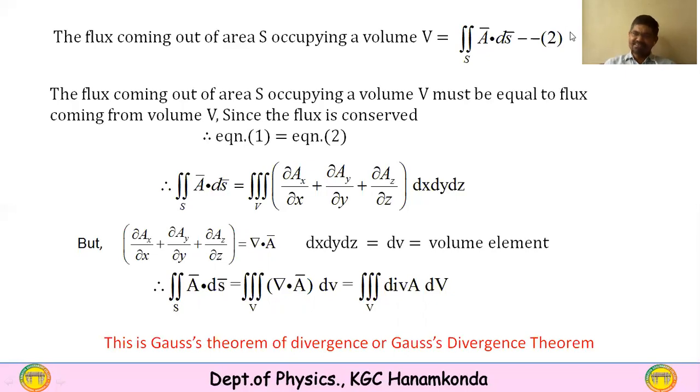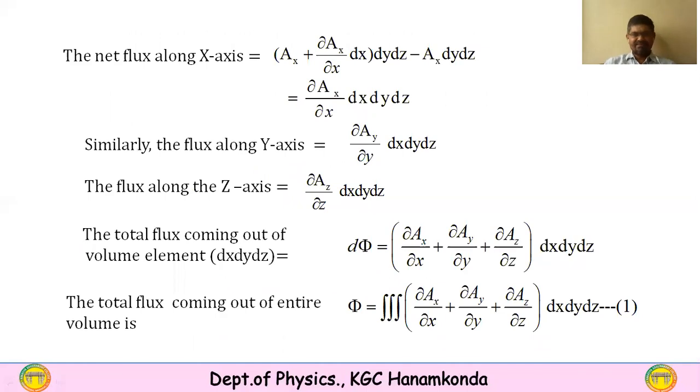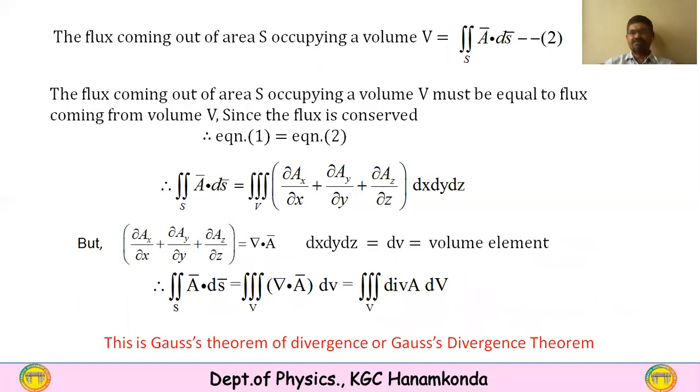Equation 2 gives us the flux coming out of area S enclosing volume V. In equation 1, we have the total flux which is coming out of the entire volume enclosed by the surface S. These two are equal. Naturally, these two are equal because the flux coming out of area S occupying volume V must be equal to the flux coming out of volume V, because the flux in any element here is conserved.